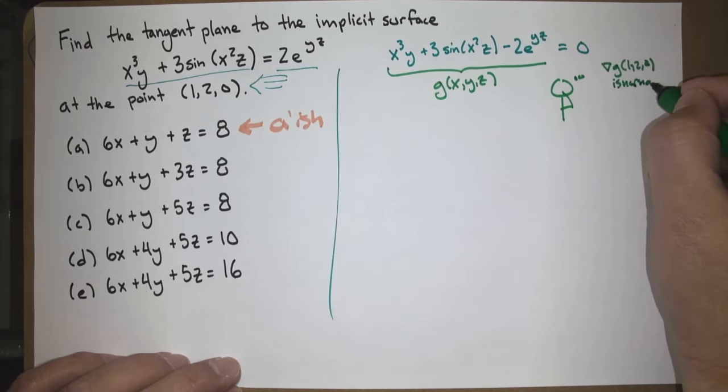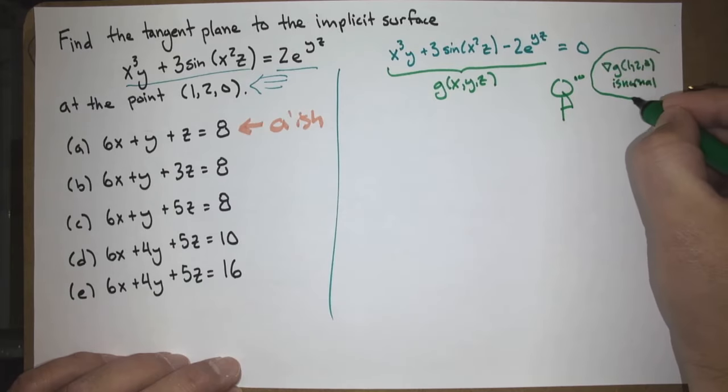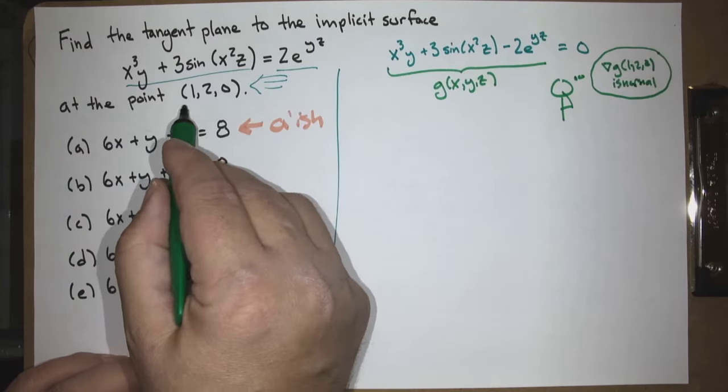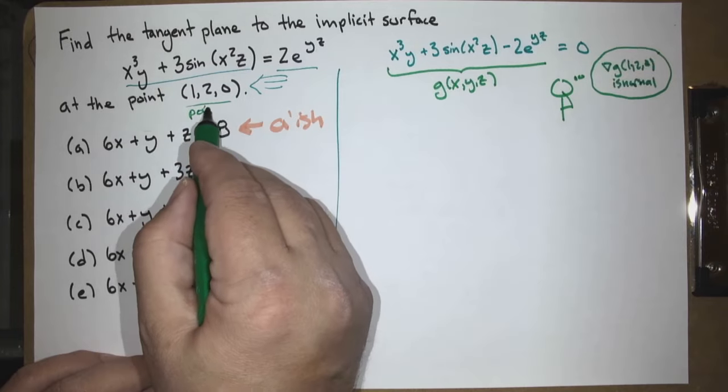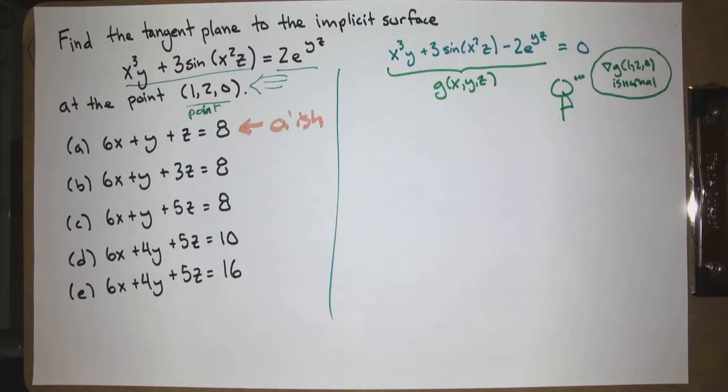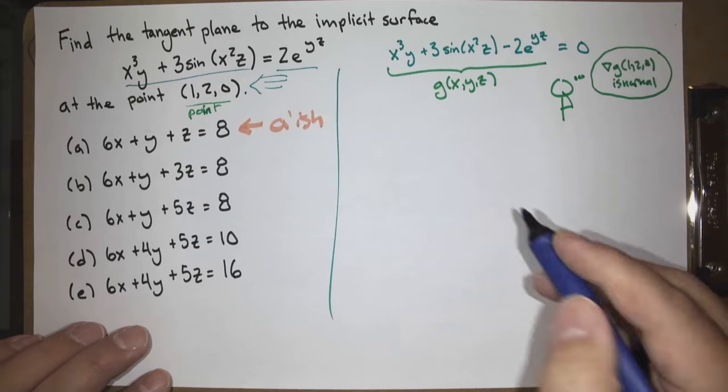Because if you're going to make a plane, you need two things, a point and a normal. The point is the freebie. It's the normal that you have to work on. Okay, so we have a plan. Take the gradient, evaluate the gradient, then we have a normal, and put it all together.